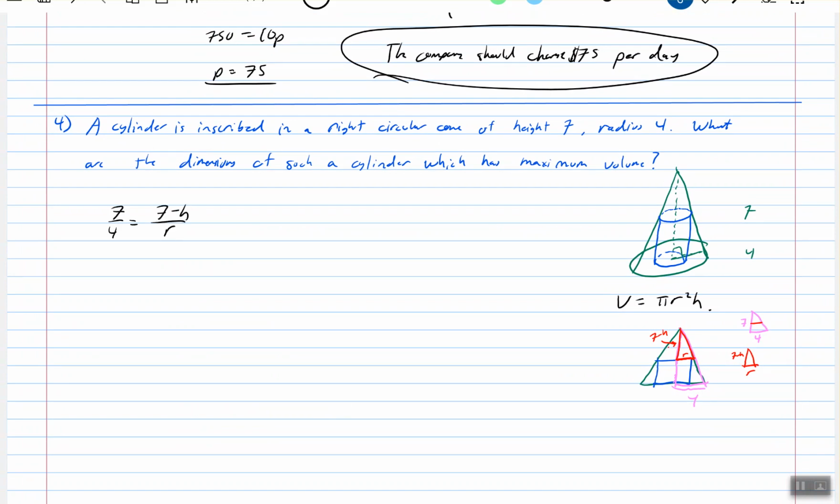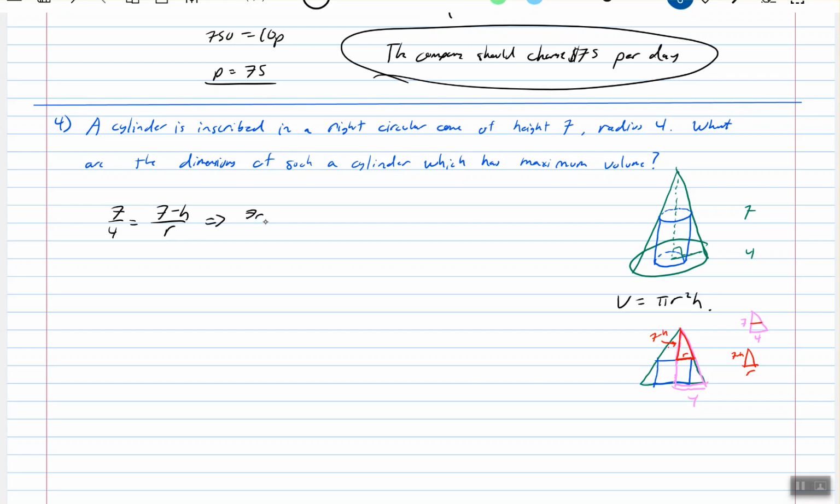The ratios are the same since they are similar triangles. Now, we can use this to relate h and r together. But over here, we have to square the r. So I don't want to do that. So let's solve for h here in terms of r. So from here, we get 7r.